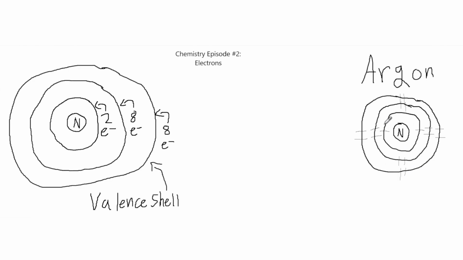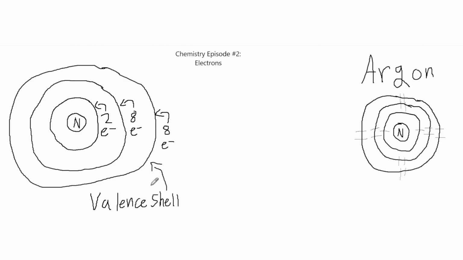So, yeah, the electrons fill in all of the shells. Argon is an element where a neutral atom of argon fills in all of the shells, which means it fills its valence shell, which now I'll talk about.